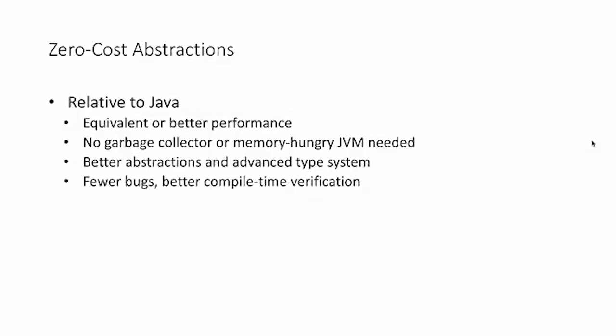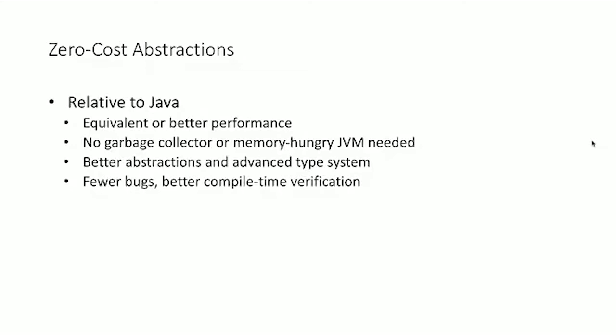Compared to Java, you get equivalent or better performance because Rust can hit C++ equivalence in some cases, but not always. It doesn't require a garbage collector or a JVM and all the additional memory usage that requires. It ultimately has better abstractions, unless you're using something like the absolute latest Java, which most people aren't, particularly in an embedded context like IoT.